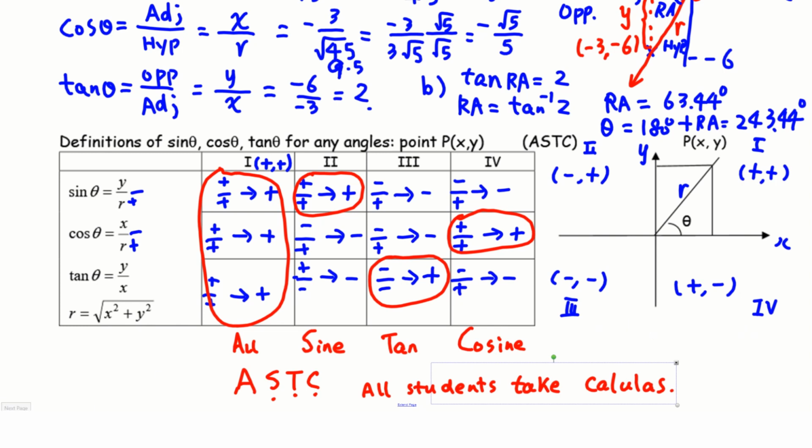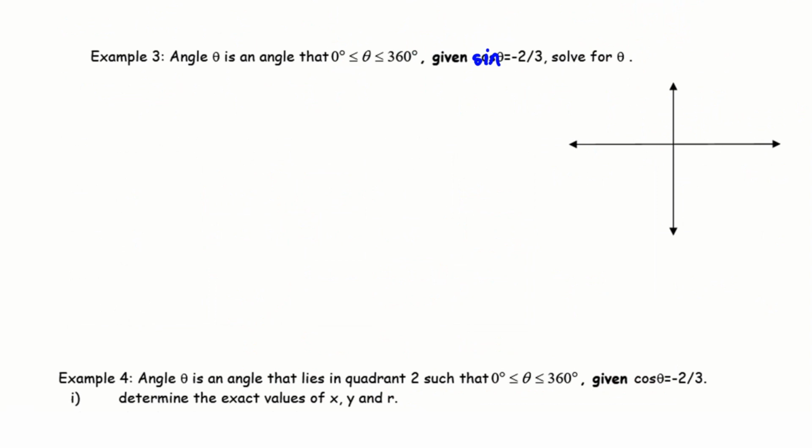So now we are going to see how we can use this conclusion to solve a trig equation. Sine theta equals -2/3, and angle theta is between 0 and 360 degrees. For such a question, we want to solve for which quadrant it could be.